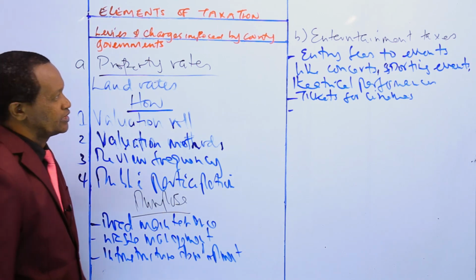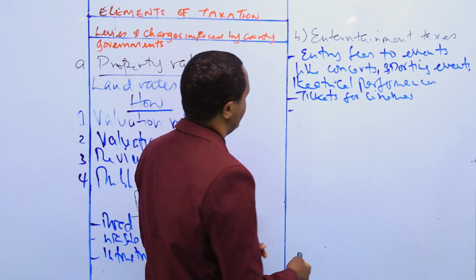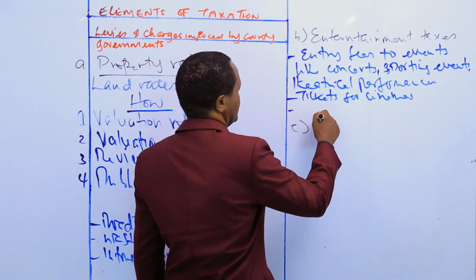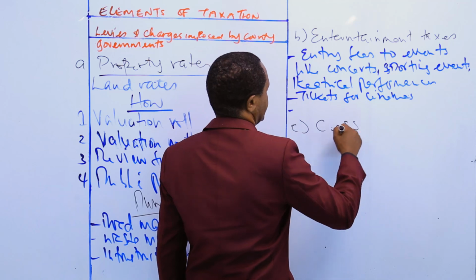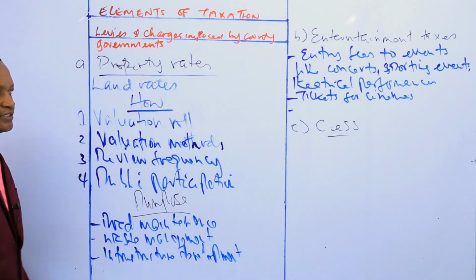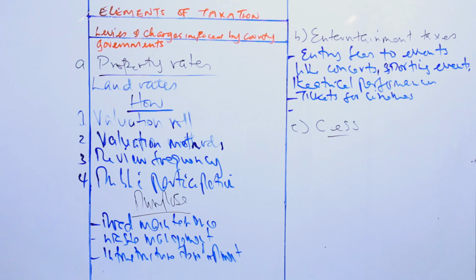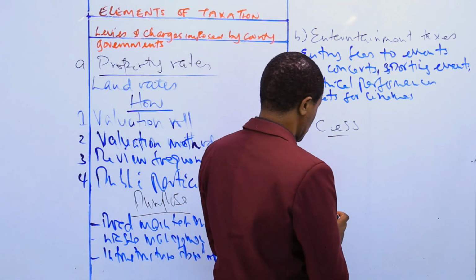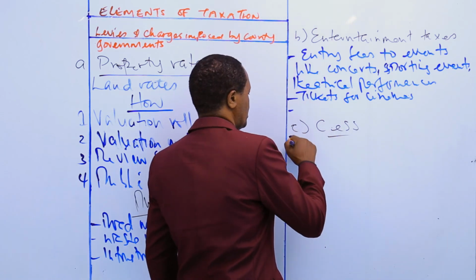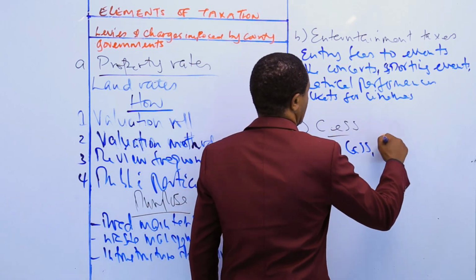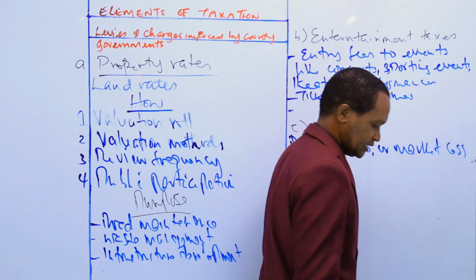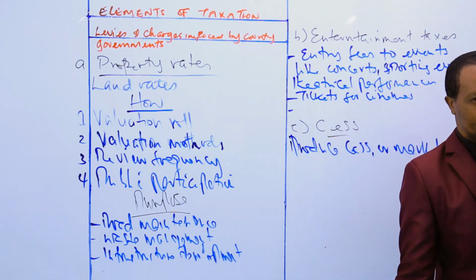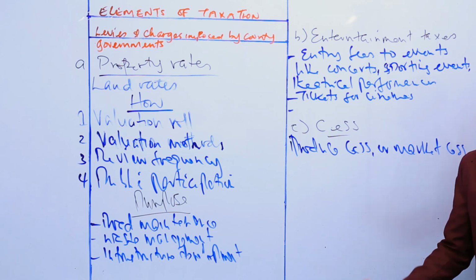That's all for entertainment taxes. Then we have C, cess. Now, what is cess? Cess is also known as produce cess or market cess.